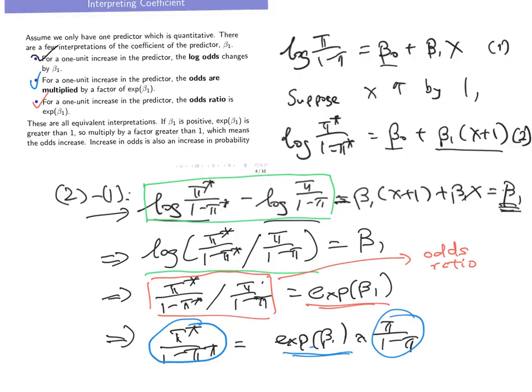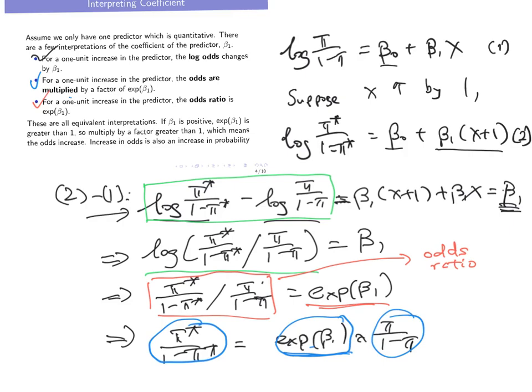For a 1 unit increase in the predictor, the odds are multiplied by a factor of exp of beta 1. So this is the factor that we're multiplying our old odds by. And these are 3 different interpretations. They're all actually saying the same thing. One's in terms of log odds, one's in terms of multiplying your odds, and the other is in terms of odds ratio. So it depends on which one you prefer, how you like to think about the problem.